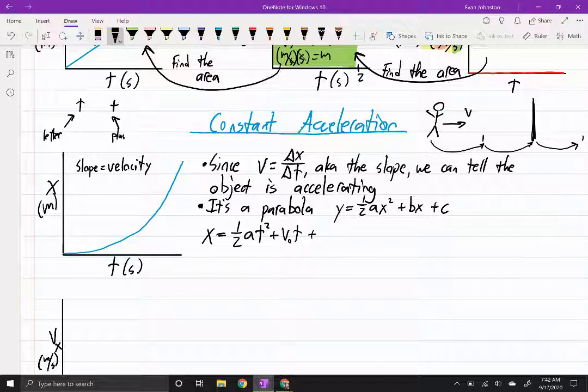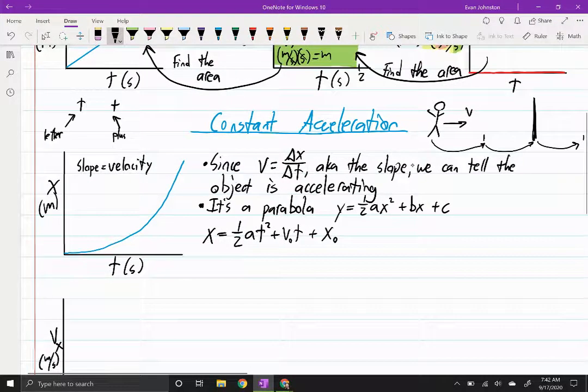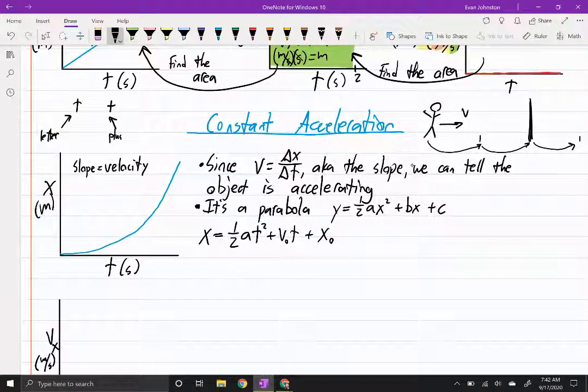Now for us, luckily, the constant is actually wherever the object originally started. So this is the initial displacement. That's what this little tiny zero at the bottom means. It's like initial, where it originally was to start. So this would be the velocity to start.